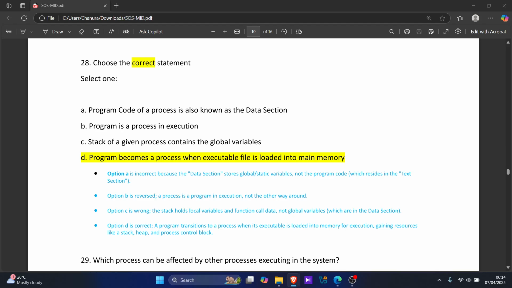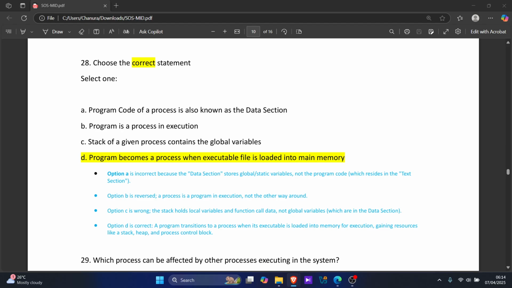The correct answer is D. Program becomes a process when executable file is loaded into main memory. Explanation. Option A is incorrect because the data section stores global/static variables, while the program code resides in the text section. Option B reverses the definition. A process is a program in execution, not the other way around. Option C is wrong.